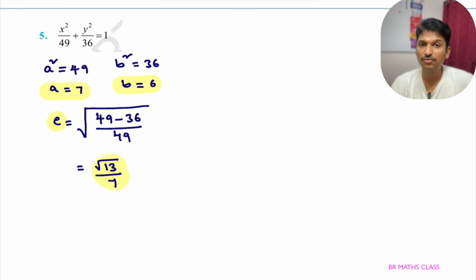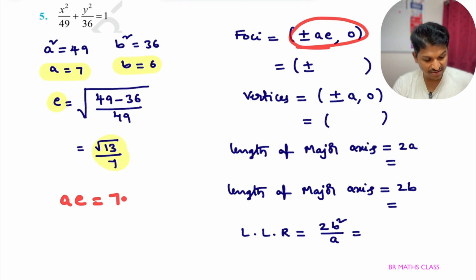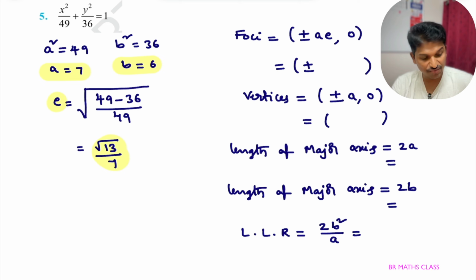So I'll write all the formulas. As it is first type of ellipse, its foci formula is plus or minus AE comma 0. So you need to calculate AE. A is 7. E is root 13 divided by 7. 7 will get cancelled. AE is root 13. So foci are plus or minus root 13 comma 0.